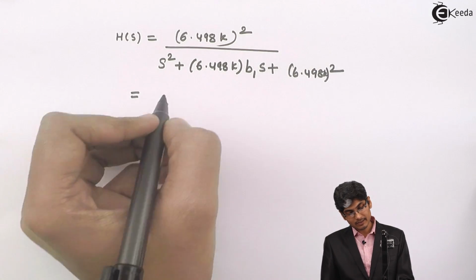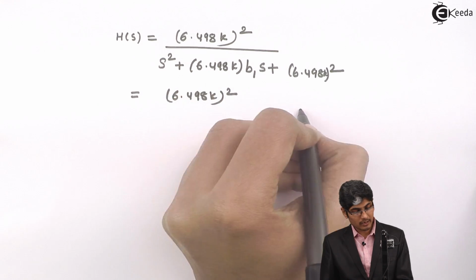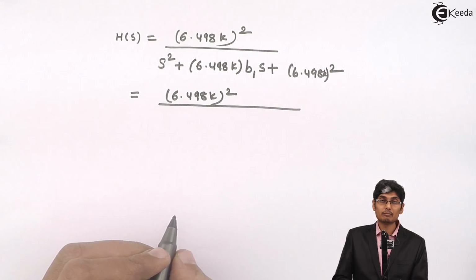Which will come as, let's say, 6.498k the whole square divided by, now my task is to find b1.